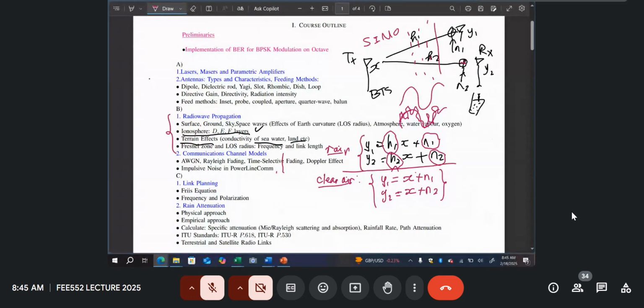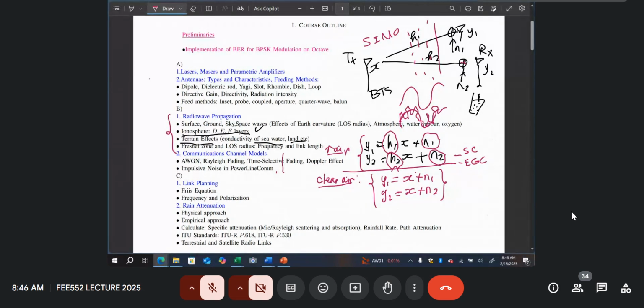Because you have y1 and y2. So combining techniques are there, which you'll learn on the telecom side. So this will be single input, multiple output. So you can combine them by selecting the one with the highest power. You can choose H1 and H2, which one has higher power. So you choose one of them and then you process it. So that's selection combining. Or you could do equal gain. You sum them.